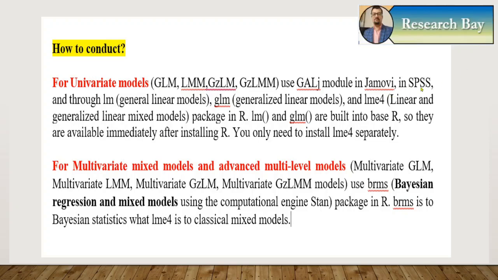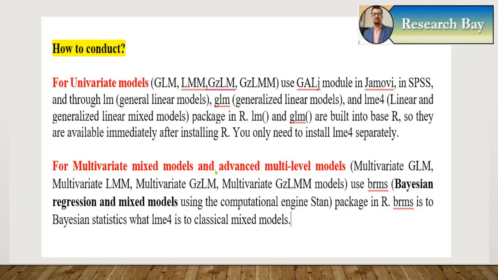We can do it in SPSS, and we can do it through the lm, glm and lme4, that is linear and generalized linear mixed models package in R. Whereas linear model and generalized linear model are built into base R, so they are readily available after installing R. You just need to install lme4 separately to analyze these univariate models, which are listed over here.